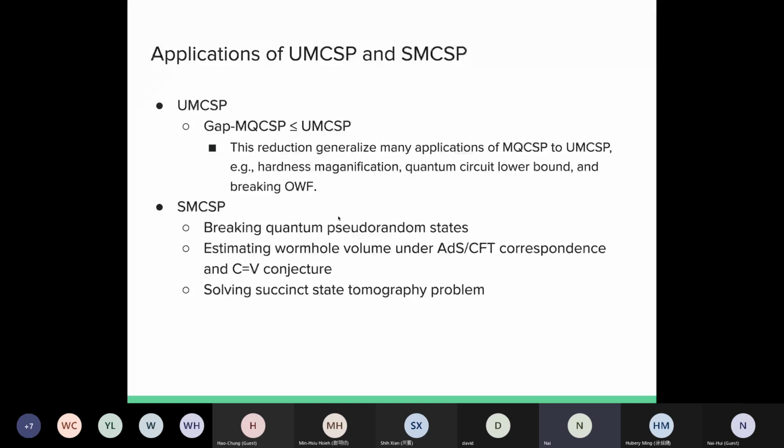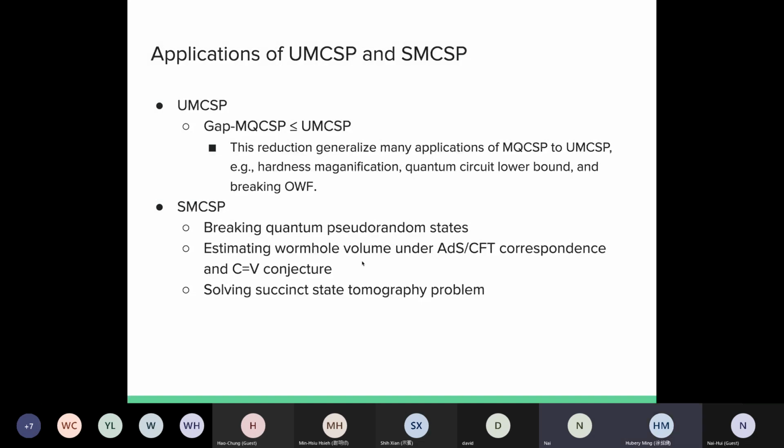So the idea is very simple. You have an MCSP algorithm. You just compute the circuit complexity of that state, and also if you can efficiently compute the correspondence between the wormhole and the state, then you can compute the volume of the wormhole. Okay. That's a brief idea about using MCSP to estimate the wormhole volume.